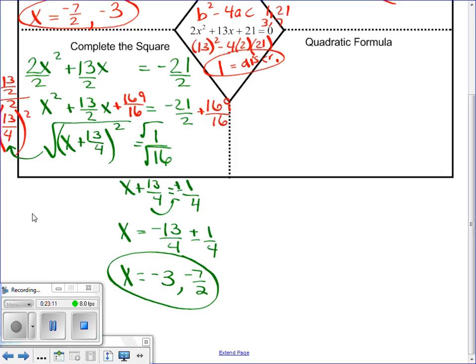All right, quadratic formula should be the last thing you use because that works for everything and we know it works for everything. Which one is probably the easiest to recognize? The square root method, because it has to be missing what? B. Chances are there's probably only 1, maybe 2 that are missing the B. Okay?